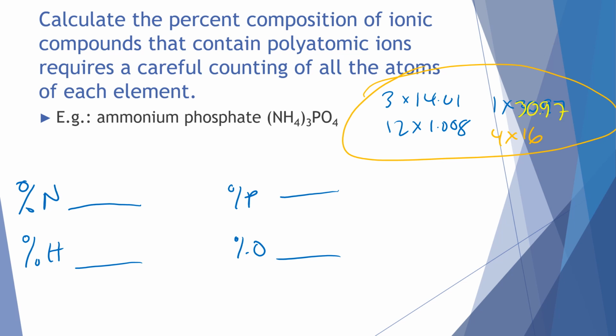So the total molar mass of ammonium phosphate, so we have 3 times 14.01 plus 12 times 1.008 plus 30.97 plus 16 times 4. So about 149.096.